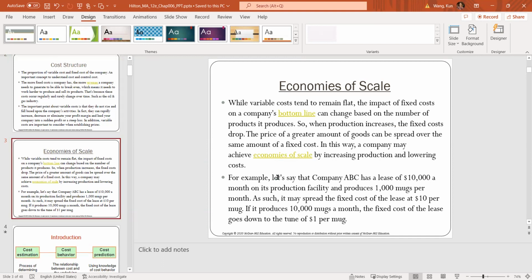Another use of variable cost and fixed cost is helping us understand the economy of scale concept, the scale of the company. Given that you can sell the products, the larger your sales volume, the smaller your average cost of the product.